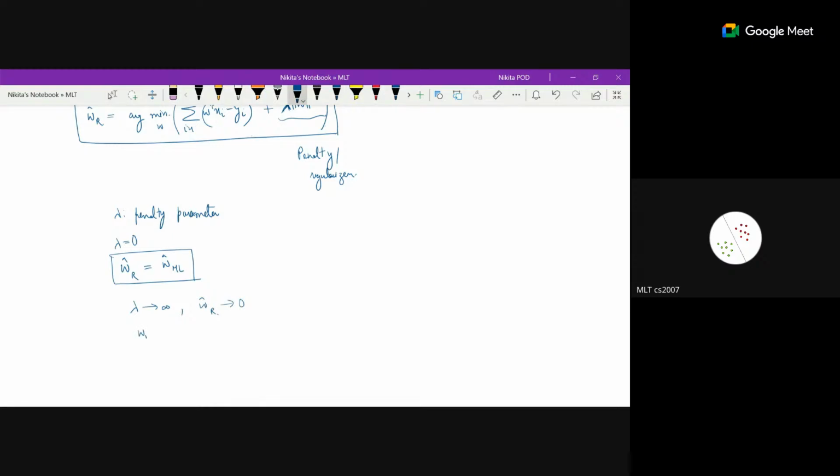Since we're talking about W here, and it is in D dimension, you have W1, W2, so on till WD, right? Most of the parameters W1, W2, WD will go towards 0, right?